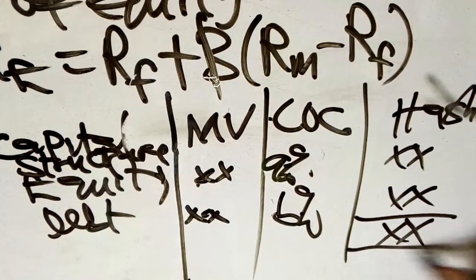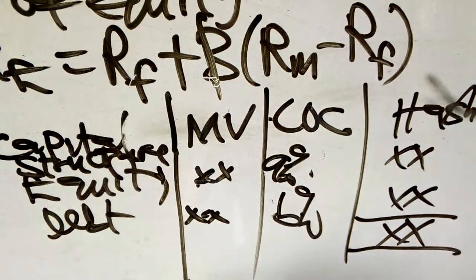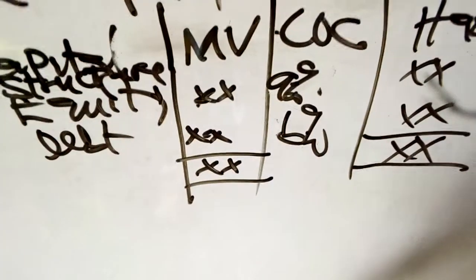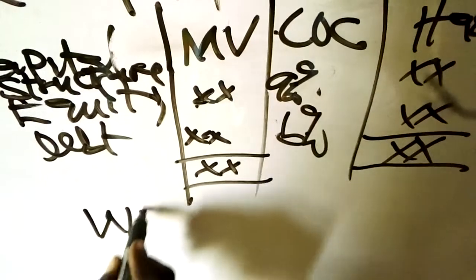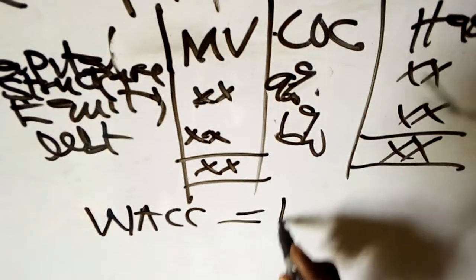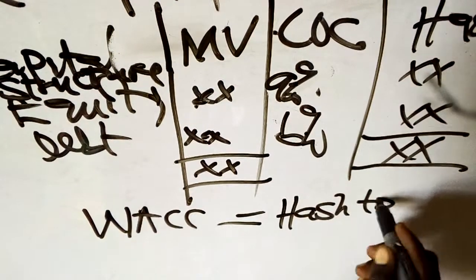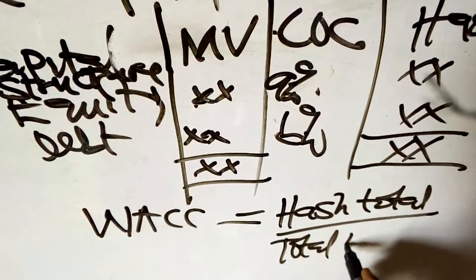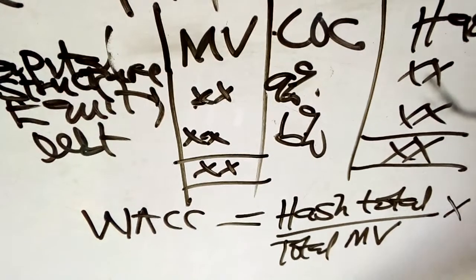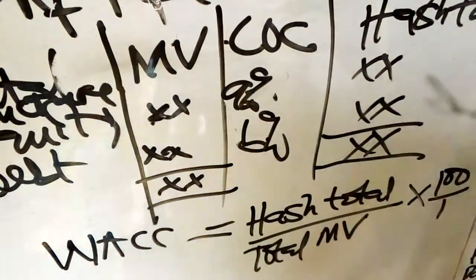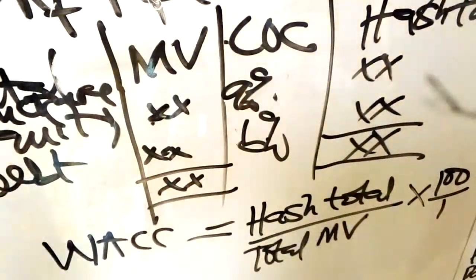You add up the hash total column and you add up the total market value. To compute the WACC, WACC will be hash total over total market value, times 100. That is the weighted average cost of capital. So that is the steps you need to take.